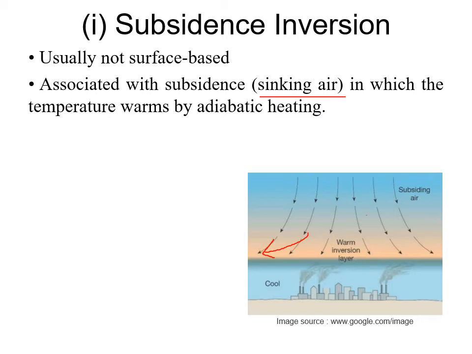After that, it diverges horizontally, it splits horizontally. Subsidence inversions are more common in regions of high pressure areas. So obviously when the sinking of atmosphere occurs, the region becomes a high pressure area.